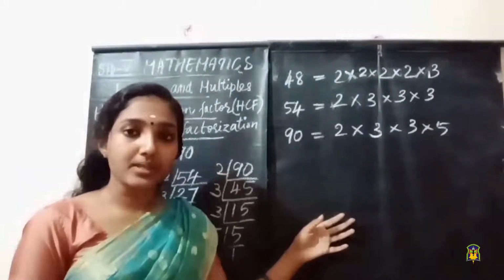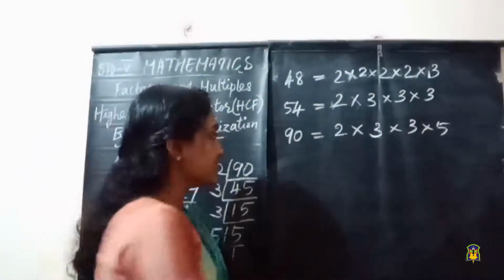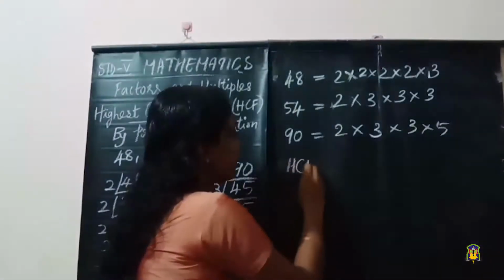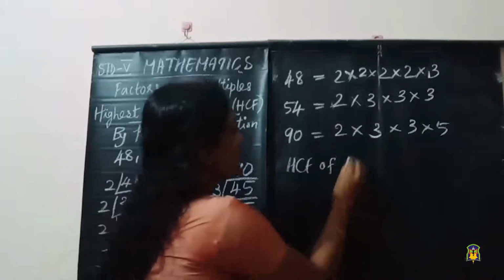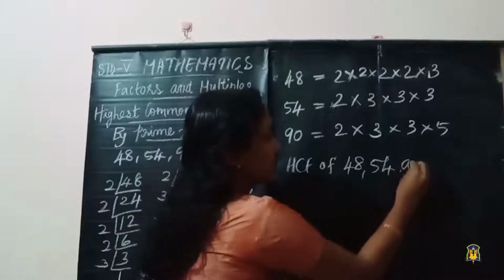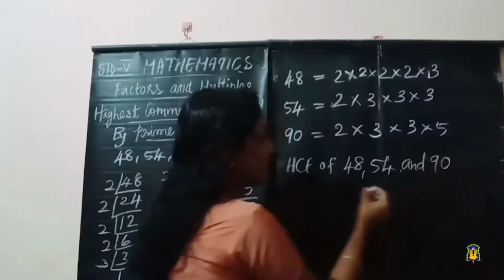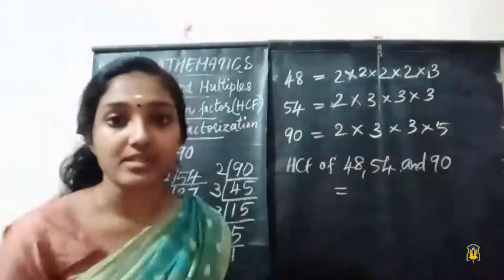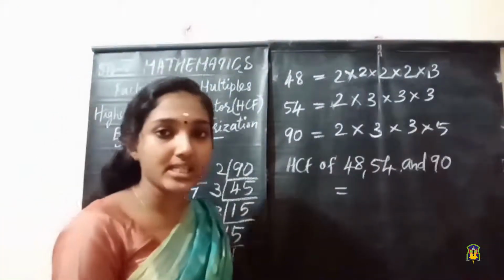Our next step is to find the HCF of 48, 54 and 90. How are we finding the HCF?